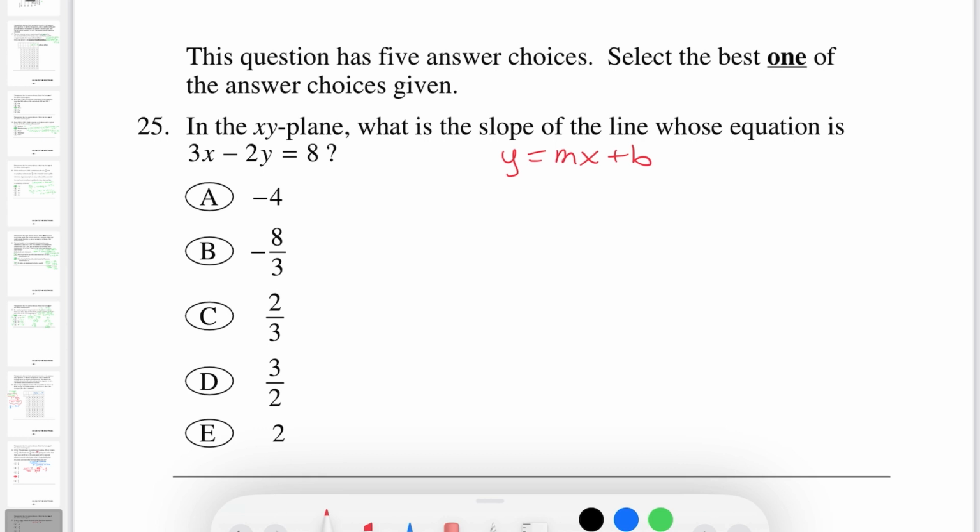So I am going to subtract 3x from both sides. And then I'm going to divide both sides by -2. So negative 3x divided by -2 is 3/2 x, and 8 divided by -2 is -4. So our slope is 3/2, and that's D.